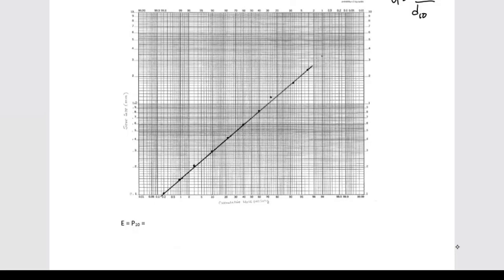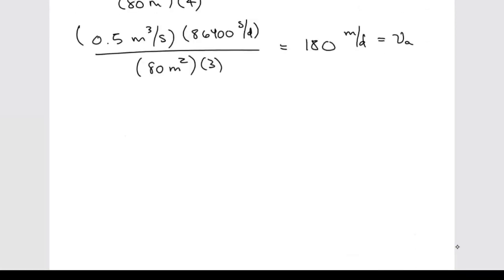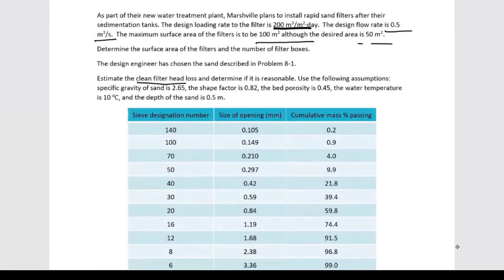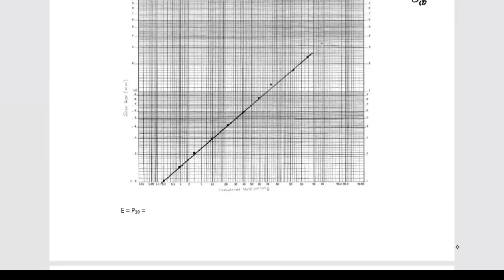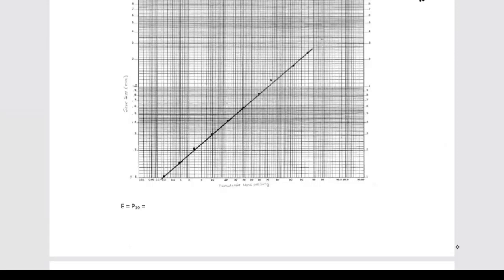So this is millimeters. So this is looking back to here. That's this sieve size here versus the cumulative mass passing. And I've plotted that on log probability paper.